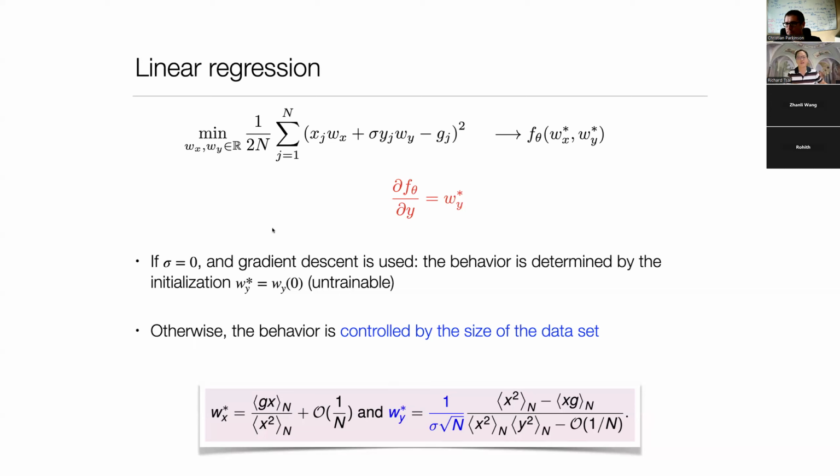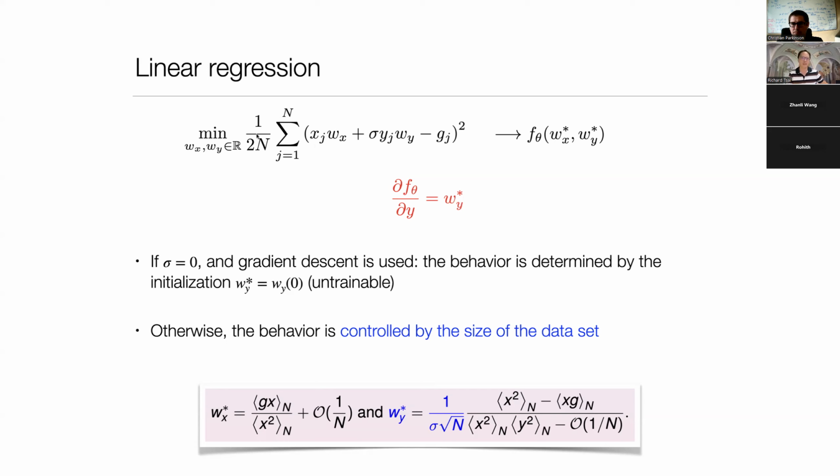What happens to linear regression? What happens if we try to fit a linear function to our data? The linear function will be defined by two parameters, w_x and w_y. These two are the weights that we try to find. This will be the function, our model, and we're going to minimize how it fits the label g, which is assumed to be a real number.